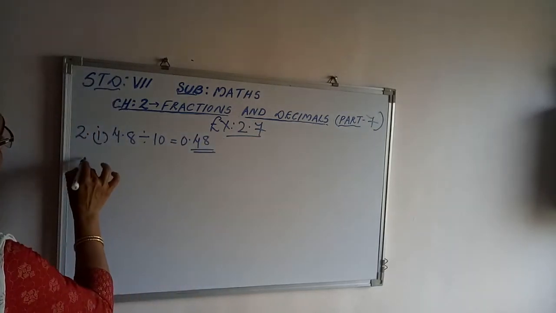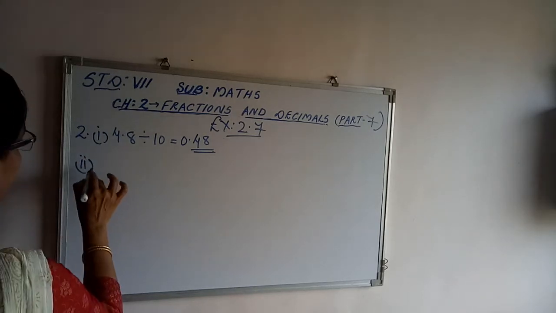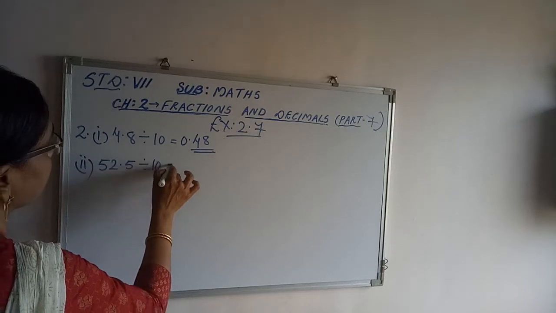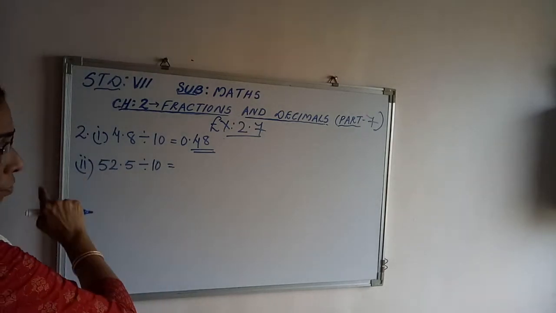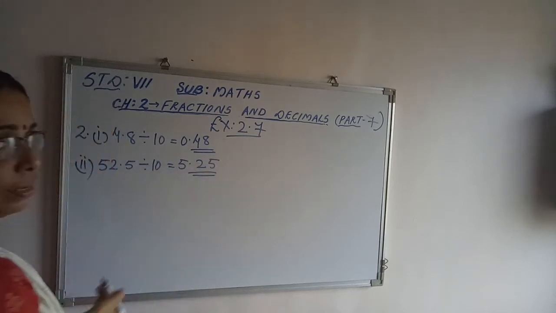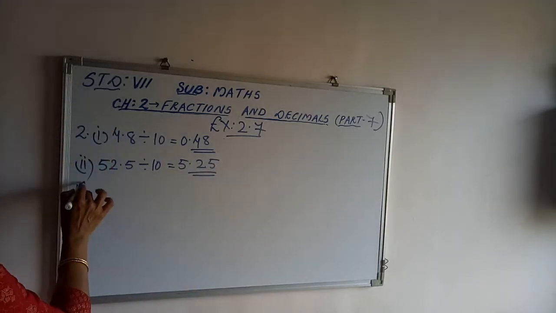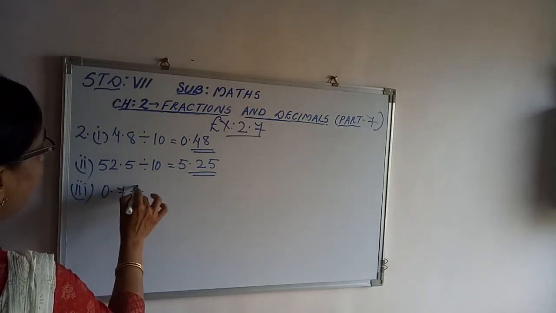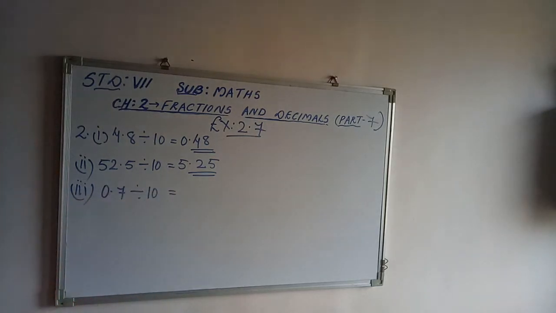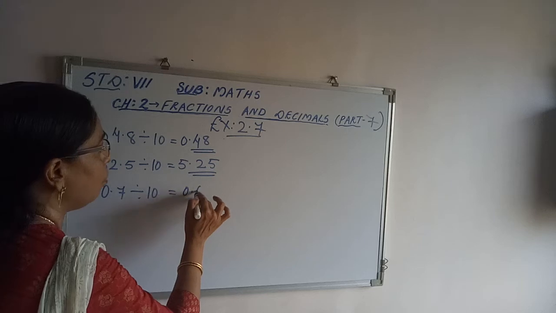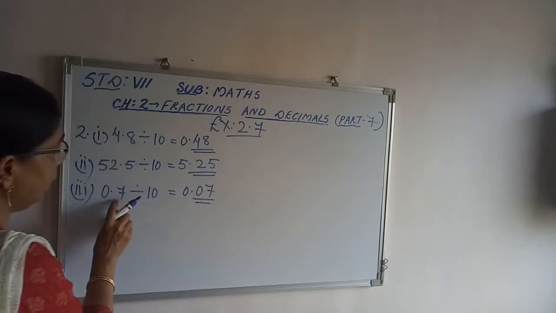Now second one, see what's the question. 52.5 divided by 10. Towards the left, 5.25 is the answer. Now third one, 0.7 divided by 10. Here also shifting towards the left. See how many places? One place. So you will get 0.07. Already the decimal is there.